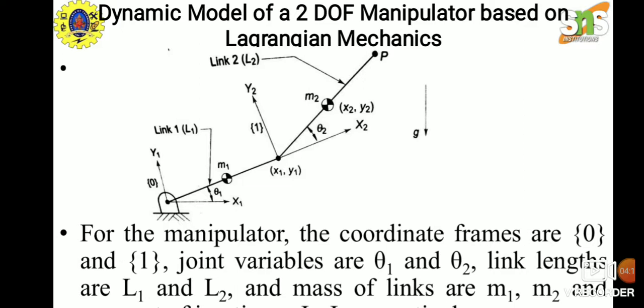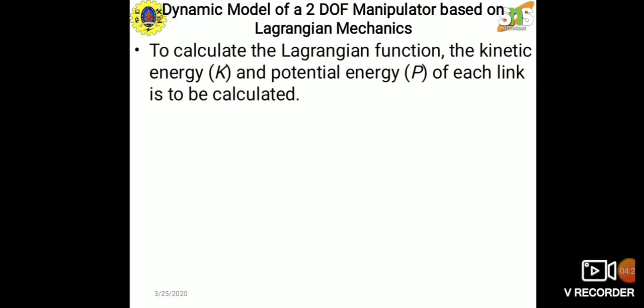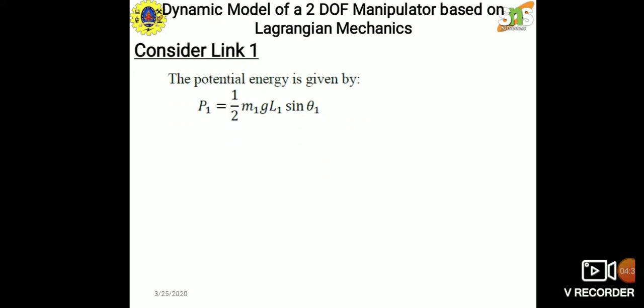In this we have two links. First consider link 1. Here the potential energy is given by P1 equals 1/2 M1 g L1 sin theta 1.